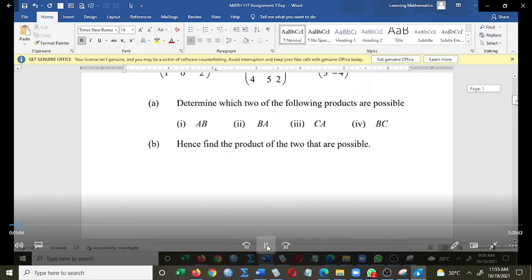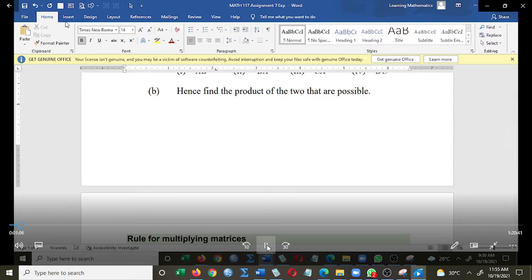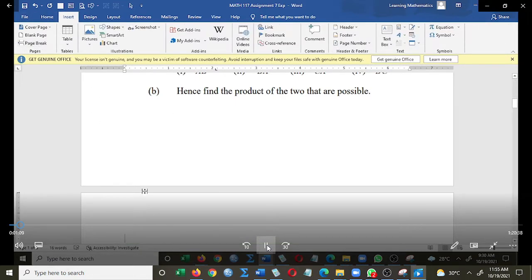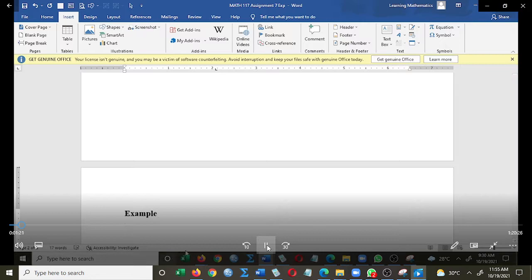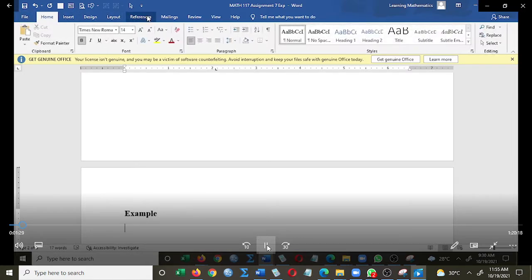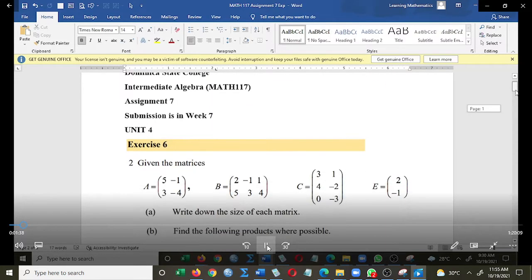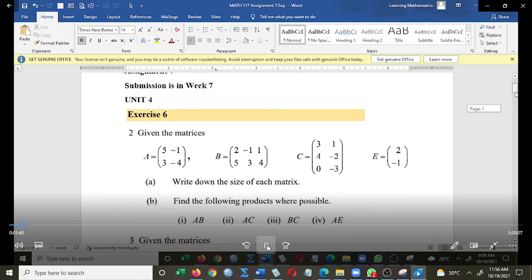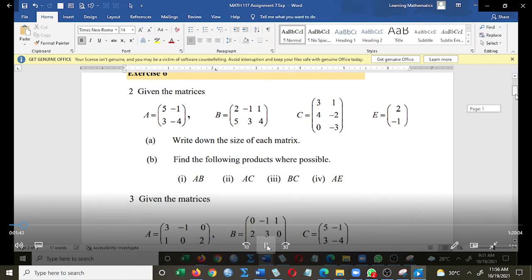So we're going to formulate an example like what we have here with regards to matrices. Given the matrices, write down the size of each matrix and find the following products where possible.